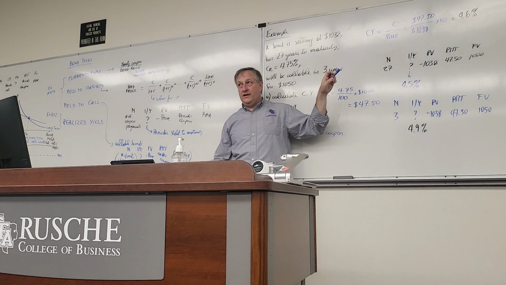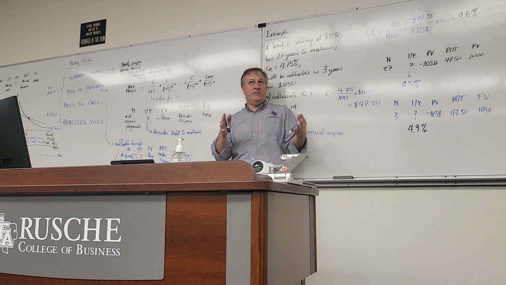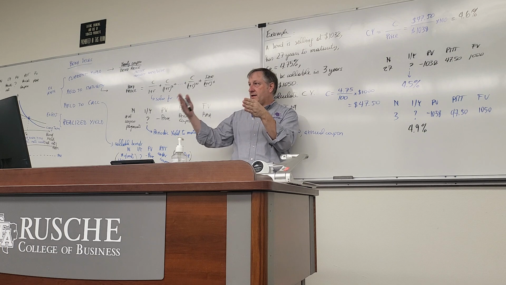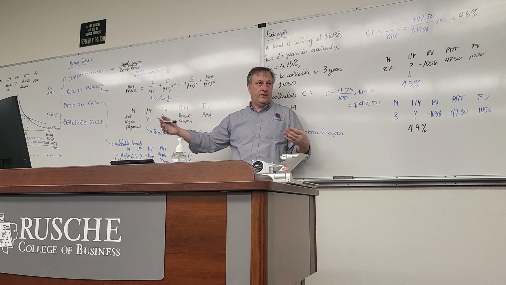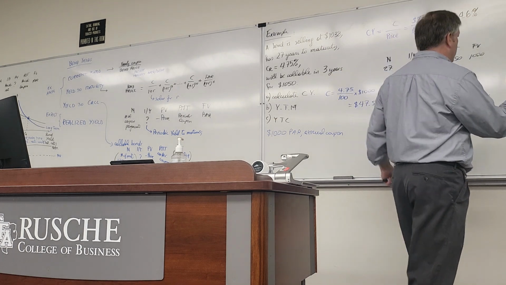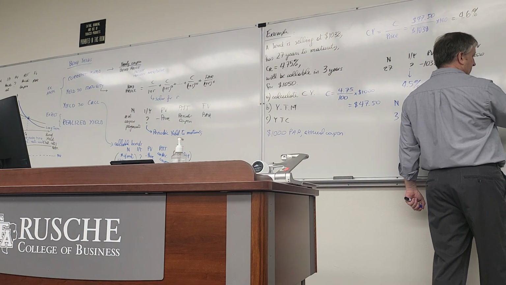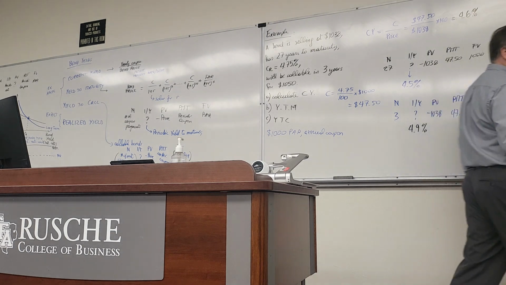N is what? It's not the number of coupons, it's the number of coupon payments, right? If this thing makes semi-annual payments, the number of coupon payments are actually split into 2 installments, meaning that they double. So the bond has 27 years to maturity, so 27 times 2, the number that goes here is 54.